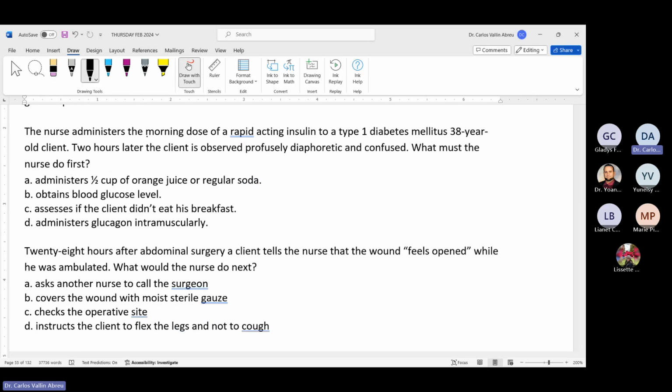The next question that we have here says, the nurse administers the morning dose of a rapid acting insulin. You know that when they say rapid acting insulin, they refer to Lispro or Aspart. The other is glulisine, but it is rarely used.